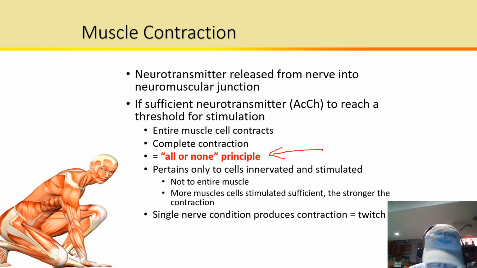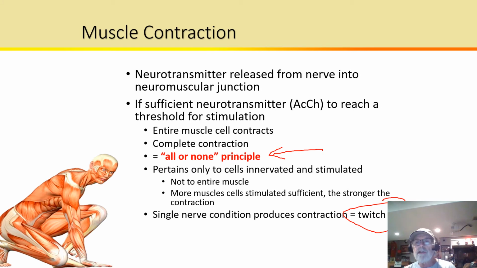So if I need more recruitment, which is a word we talked about last time, more of these fibers are going to be stimulated, they're going to stimulate more sarcomeres, and more sarcomeres by the all or none principle are going to contract, and the muscle is going to have more shortening, therefore more power. So the more muscle cells are stimulated sufficiently, the stronger the contraction will be. A single nerve conduction produces a contraction, and that would be called a muscle twitch, okay?